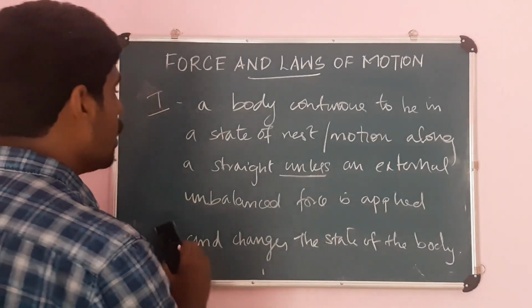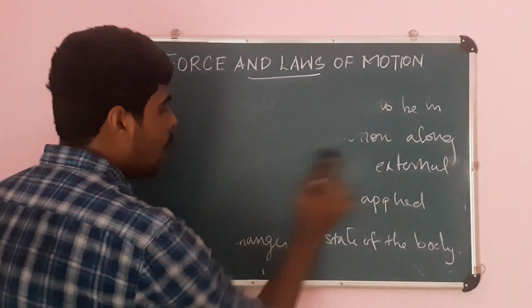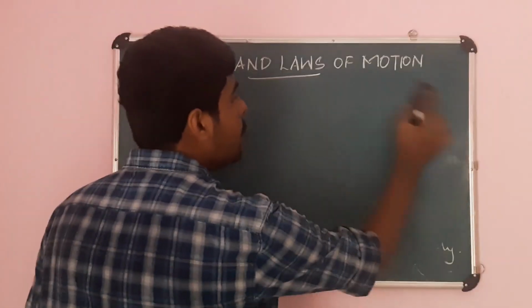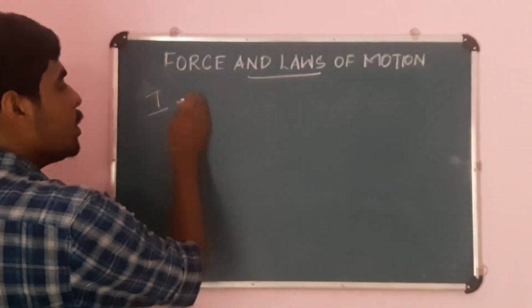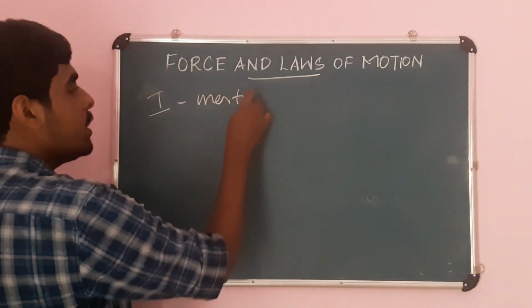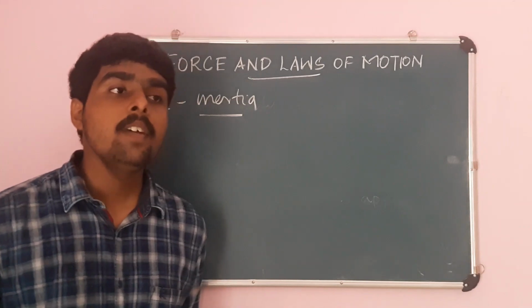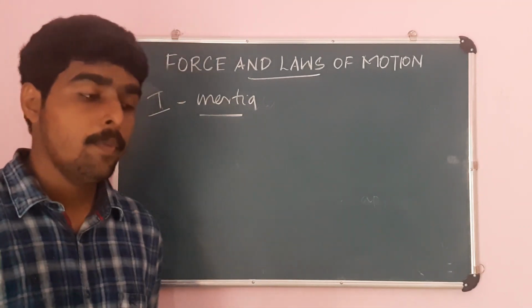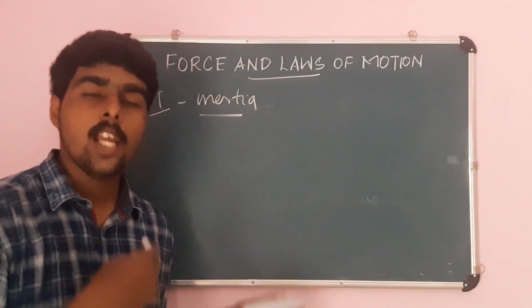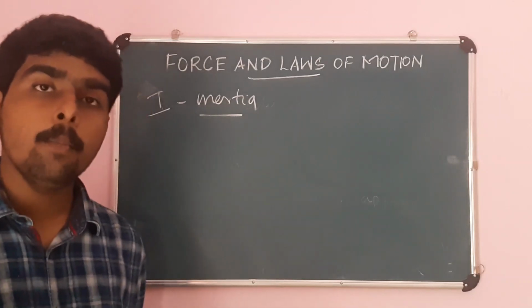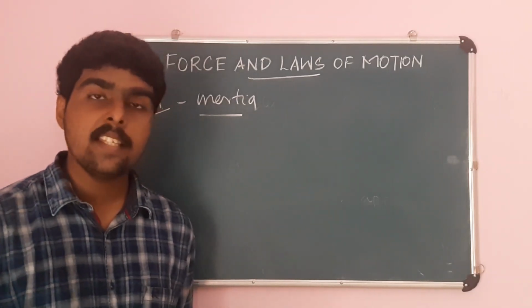Now this first law is also known as the law of inertia. So what do you mean by inertia? What is inertia? Now you must understand that whenever there is a change of state, if a body is in rest and changes to motion, or if it's coming from motion to rest, there will be a resisting force.